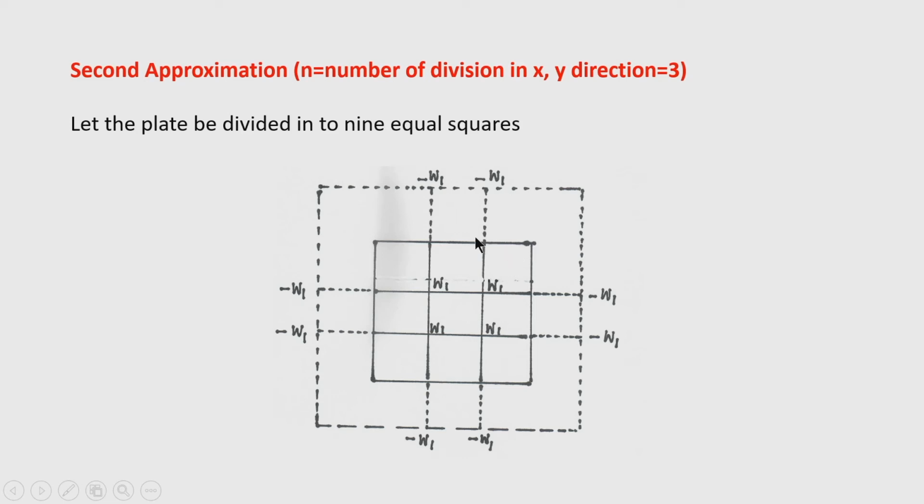So, each division is now a by 3 by a by 3. So, the side of a small square is now a by 3, and the full plate was of size a by a. So, 9 divisions are there in this plate in total. So, now 9 equal squares are there.